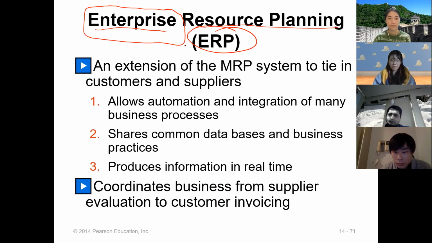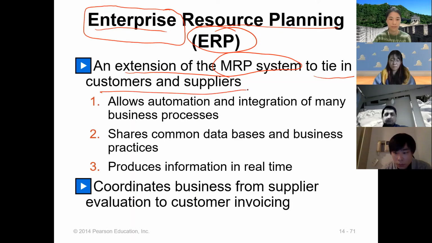ERP is enterprise resource planning. So it is an extension of the MRP system. So remember just now we talked about the closed loop MRP. Okay, but now it is extended to tie in customers and suppliers.